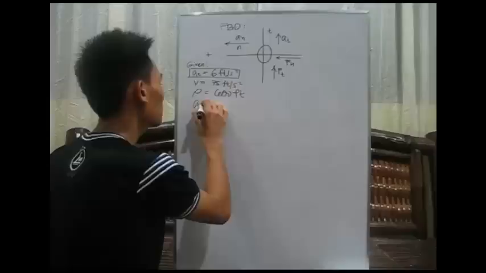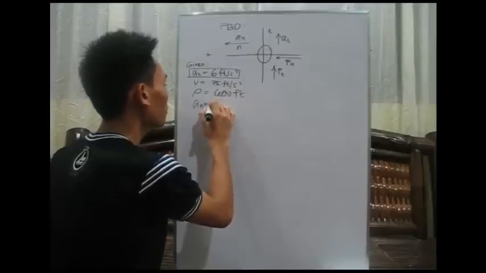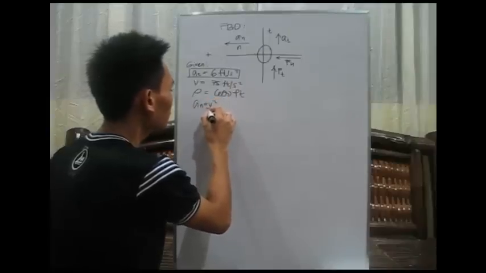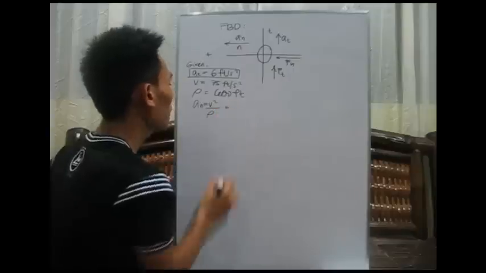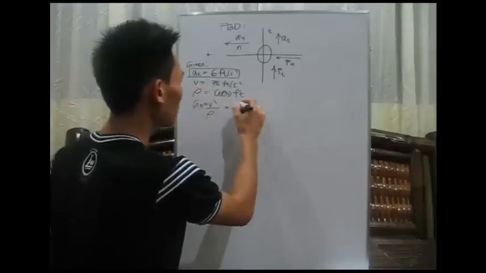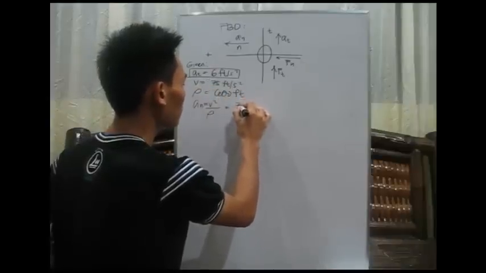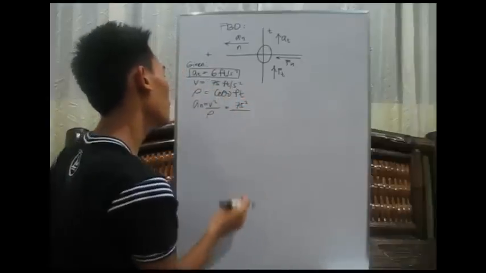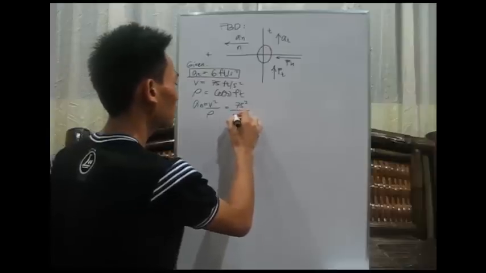an is equal to v squared over rho. Since the value of our speed, or v, is 75, we will just substitute it squared, and also the rho, which is 600.